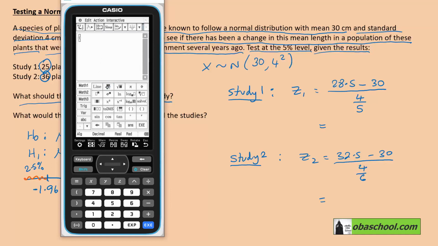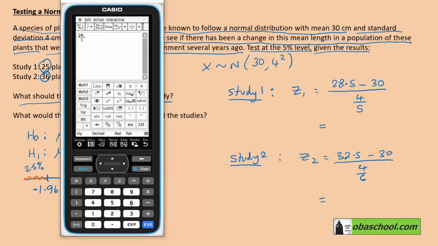So for the first one, we've got 28.5 take away 30 divided by 4/5, and that's negative 1.875.